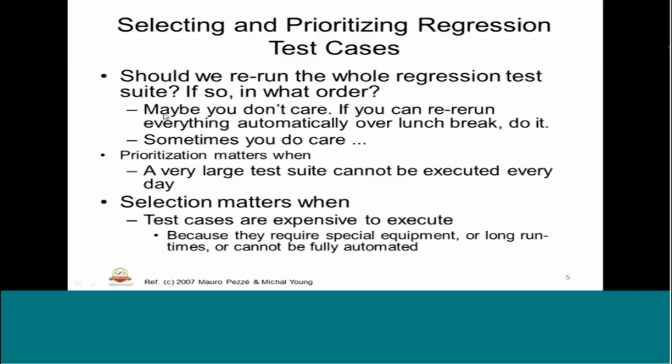So for this question, the answer could be something like, maybe you don't care. If you can rerun everything automatically over lunch break, do it. That means you have confidence that the entire bunch can be rerun without any issues, without any stoppage, for something like 2 to 3 hours.